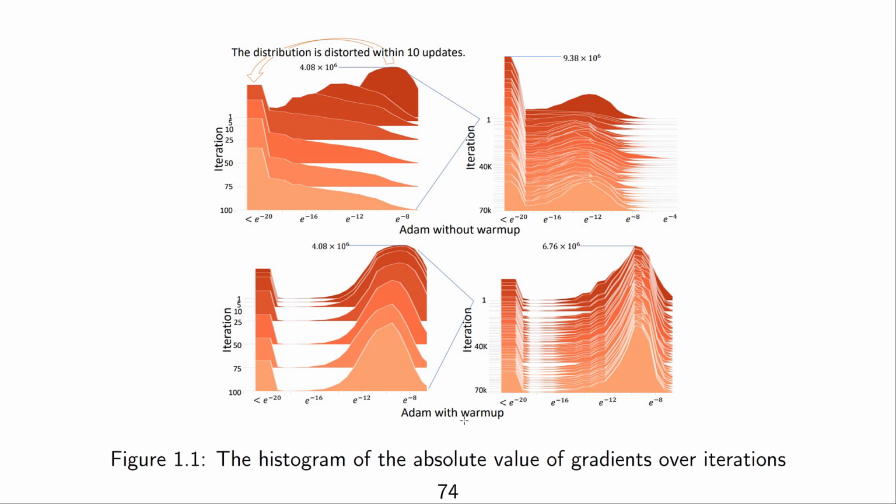By contrast, ADAM with warm-up has a histogram of the gradient component magnitudes that is much more consistent and looks nicer. Also, you notice at the beginning of training there is no strong distortion.